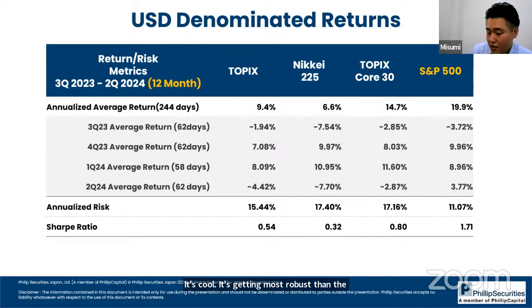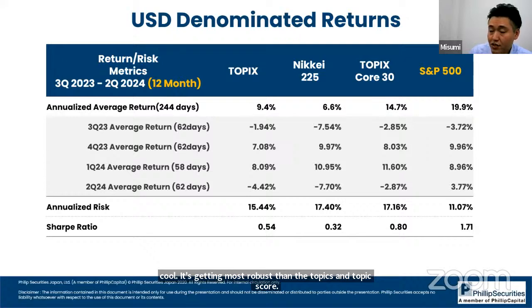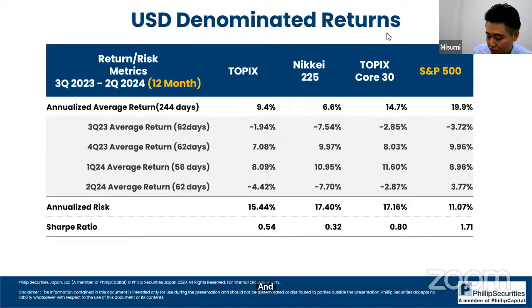We see that the currency is really effective in making Japanese stocks underperform relative to the USA.